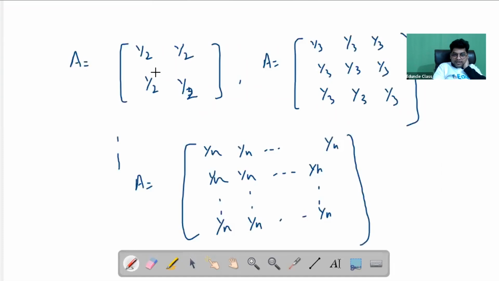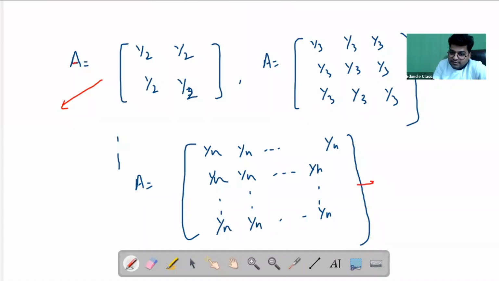Going back, if this is a problem, what is the eigenvalue of this? You will say, sir, if somebody is asking, this is a characteristic polynomial.